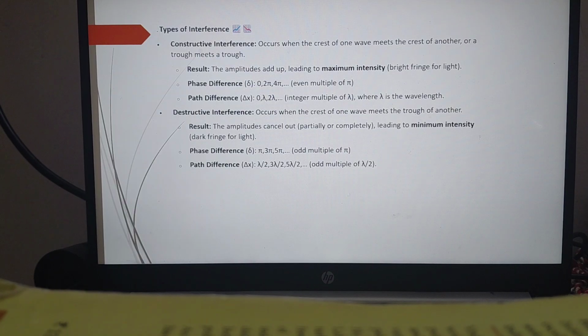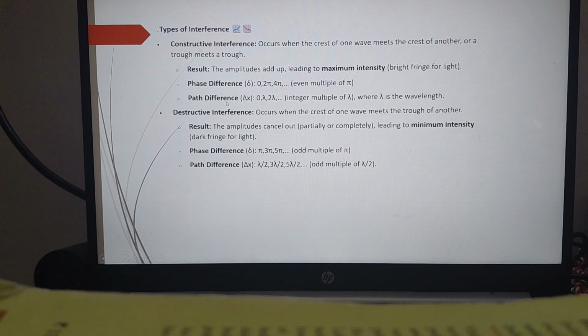Based on interference, we have an important experiment in our subject, that is Newton's rings. After interference, we will discuss the Newton's rings experiment too. So what will be the resultant? The amplitudes add up, leading to maximum intensity, that is, the bright fringe of light.